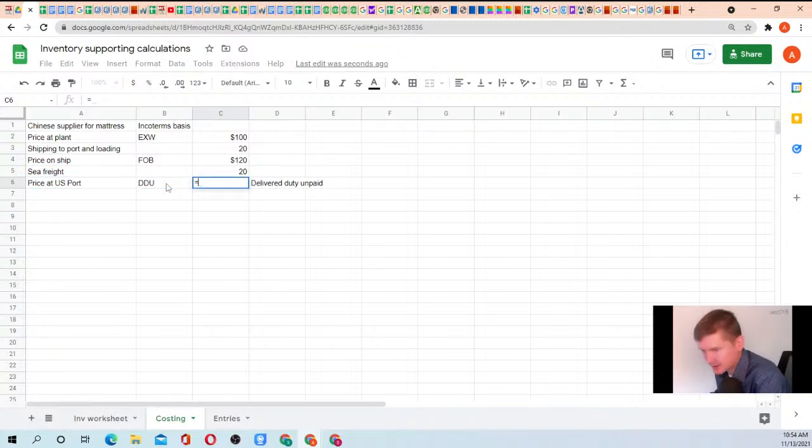So price at the US port will be plus sea freight, plus unloading.